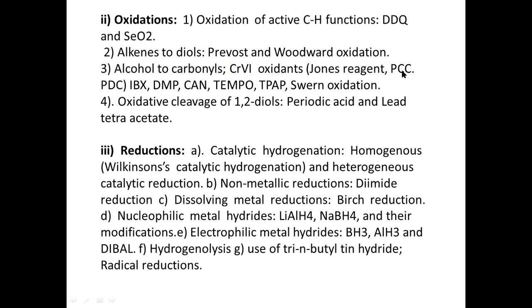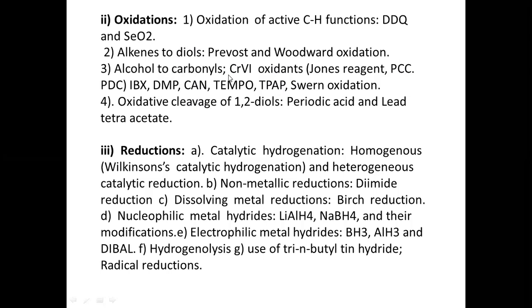Example: Jones reagent, pyridinium chlorochromate, pyridinium dichromate, IBX (iodoxybenzoic acid), Dess-Martin periodinane, ceric ammonium nitrate, TEMPO, TPAP, Swern oxidation. Okay, these are the reagents which are helpful for converting alcohols into carbonyl compounds. Next, oxidative cleavage of 1,2-diols by using periodic acid and lead tetraacetate. These are the reactions which we study under oxidations, and these are the reagents which are helpful for the conversion of reactants into products via oxidation reactions.